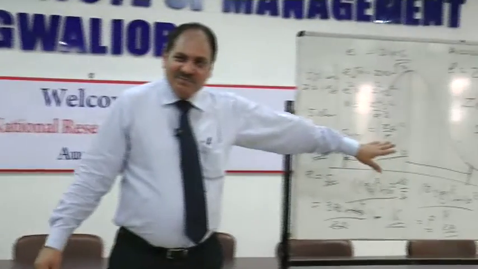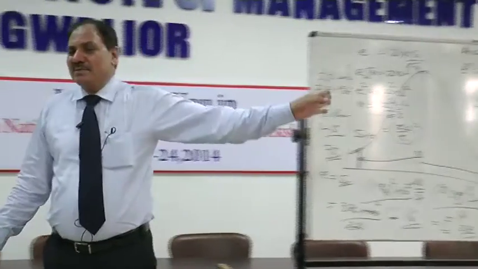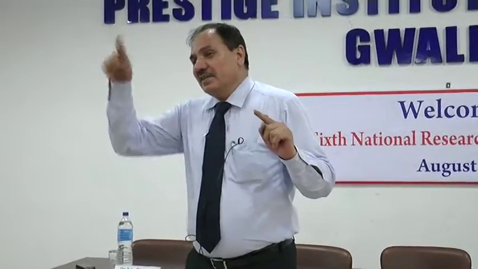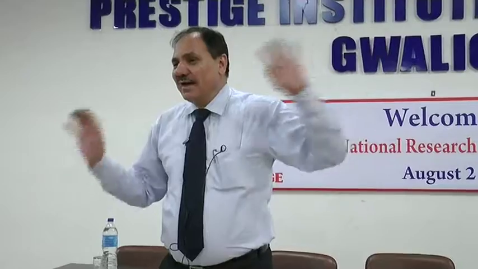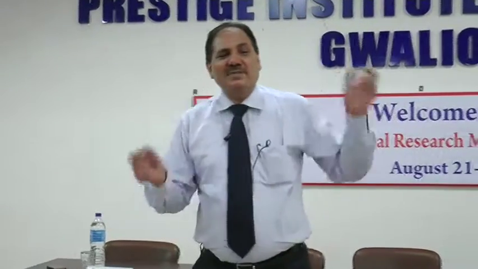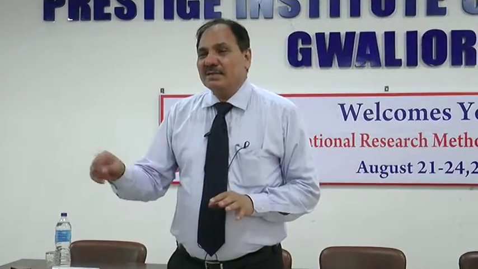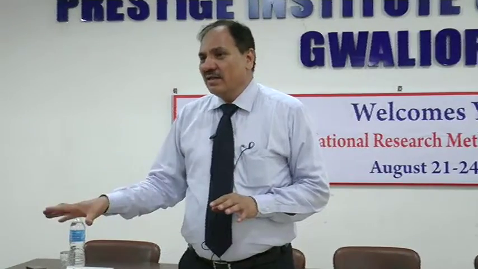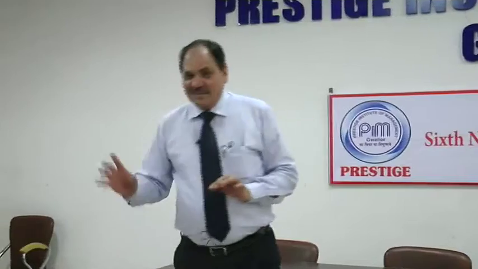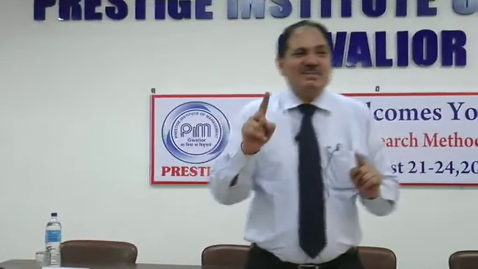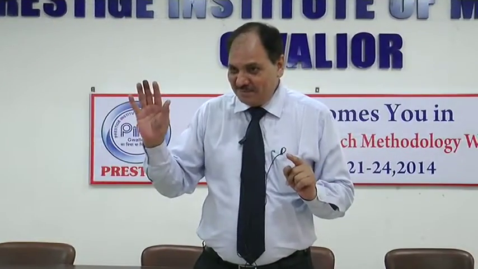You have decided E is 10% of S. Now, what will be S squared by E squared? 10% means 0.01, that means multiplied by 100. Sample size would become S multiplied by 100.